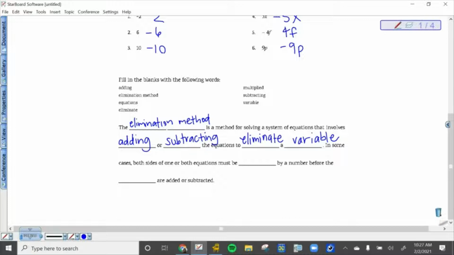And in some cases, both sides of one or both equations must be multiplied by a number before the equations are added or subtracted.